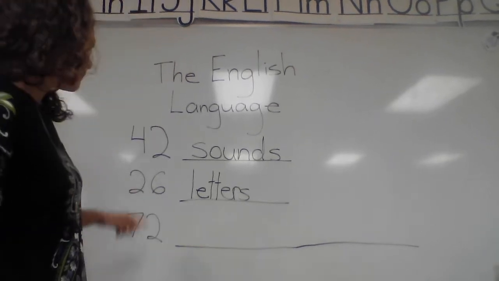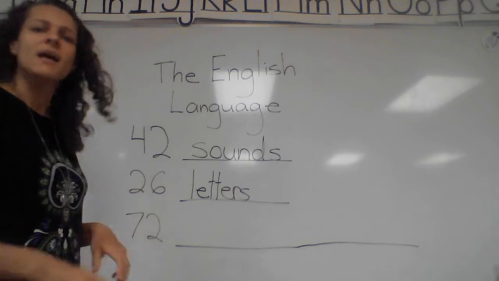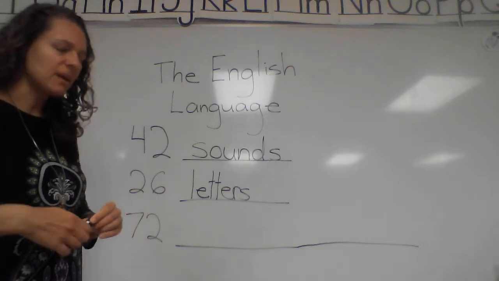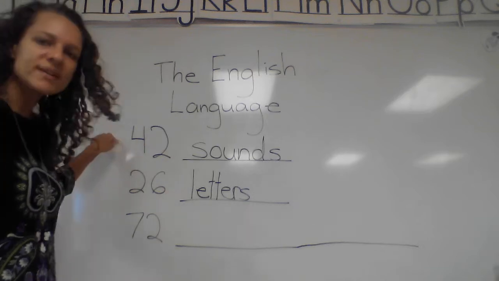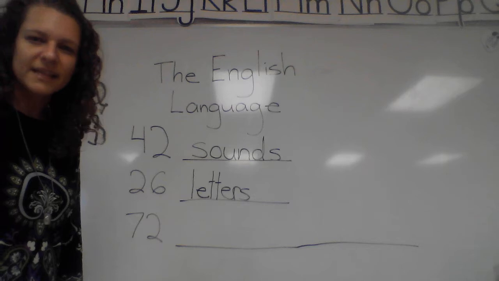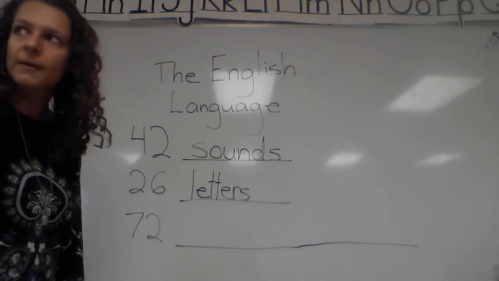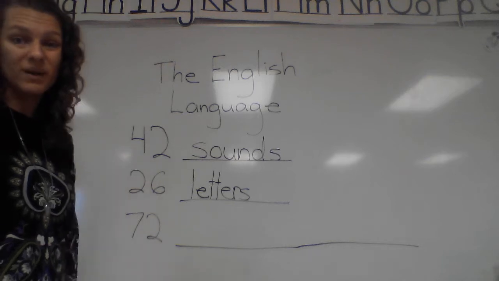Now, let's see, we have 42 sounds and 26 letters. Can anyone think of why that might be a little bit tricky? We have more sounds than we have letters. So what do you think that's going to mean? Right, we might have some letters that can make more than one sound.